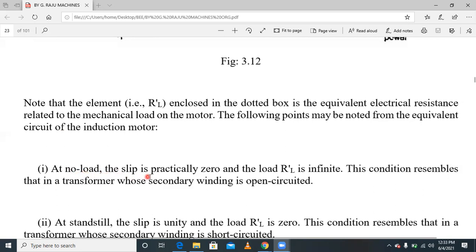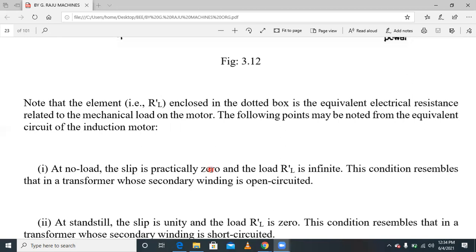At no load, the slip is practically zero. Slip is practically zero means at no load condition the speed of the induction motor is almost the same as the synchronous speed. Am I right or not?